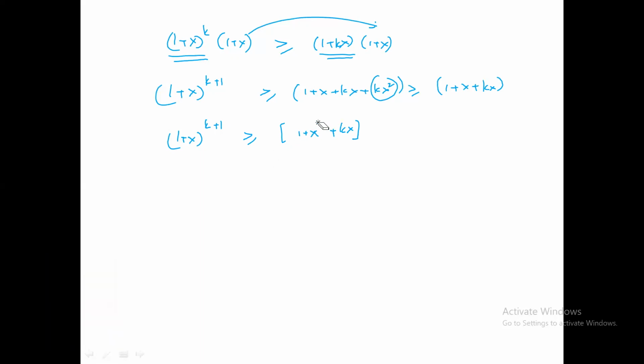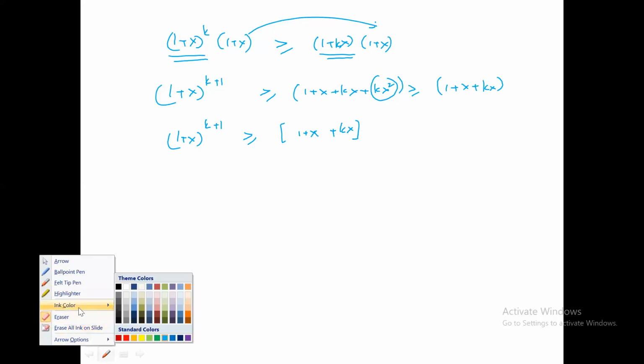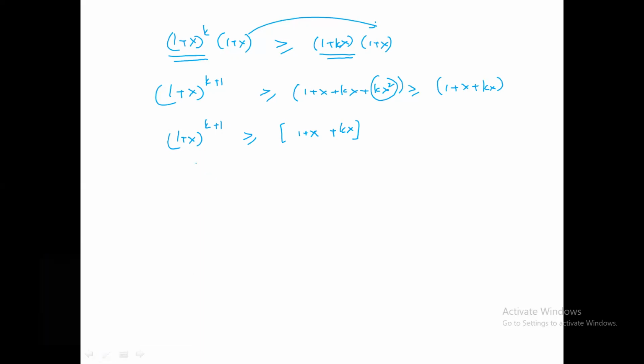Isn't it? This is what I can write. Or in other words, I can write (1 plus x) power k plus 1 is greater than or equal to (1 plus x) outside k plus 1.